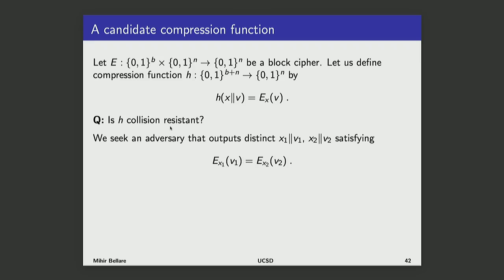So suppose you want to think whether you can find an adversary violating collision resistance of this H. What I'm saying is the adversary needs to find two inputs, but each input is two things. So your first input will look like this, the second input will look like this. And what equation must they satisfy? That the function output is the same, and that equation looks like this.